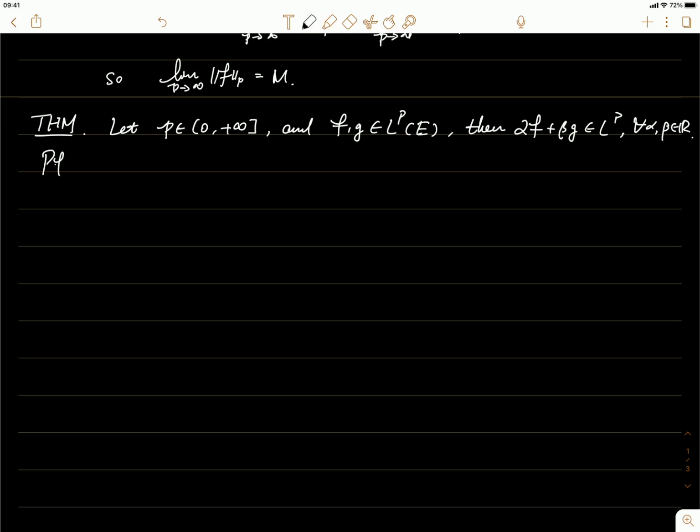We just need to show that any linear combination of functions f, g in L^p is still in L^p. Let's again consider the cases where p is finite and infinite separately.